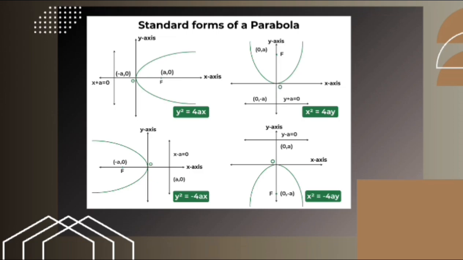This parabola opens downward. On the top left, we have y squared equals 4ax. This parabola opens to the right. Lastly, on the bottom left, we have y squared equals negative 4ax. This parabola opens to the left.